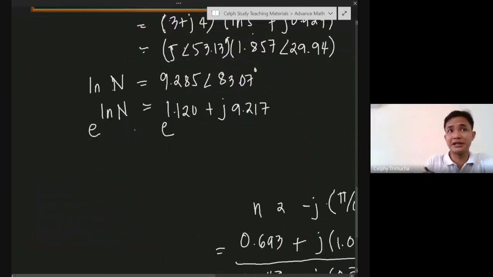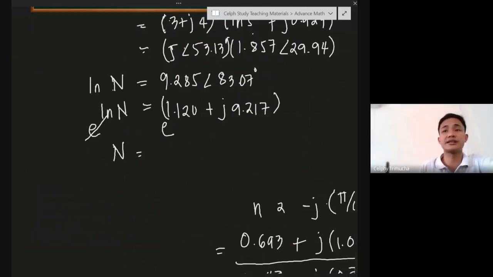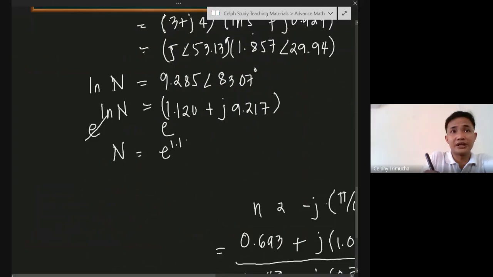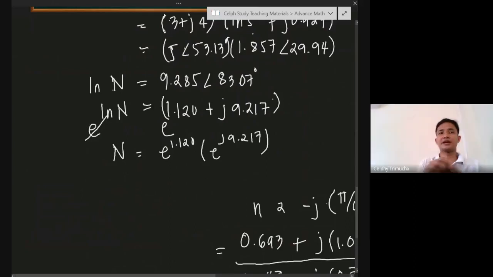So what remains on the left is n, since e and ln cancel. On the right we have e raised to 1.120 plus j 9.217 in parentheses, so we can express it in an equivalent form: e raised to 1.120 multiplied by e raised to j times 9.217.